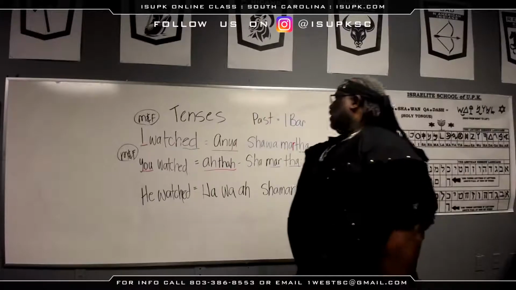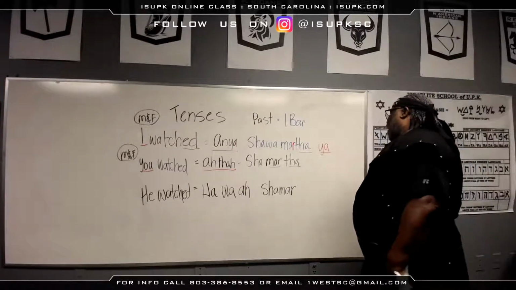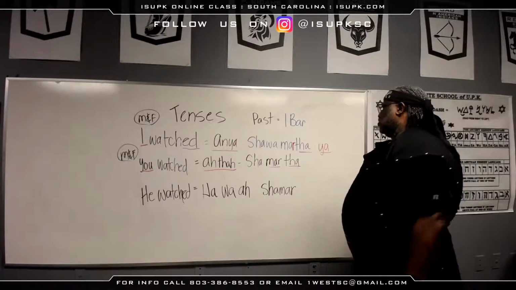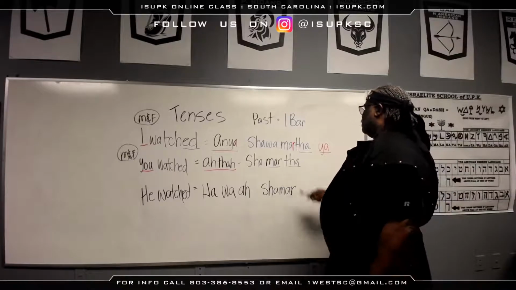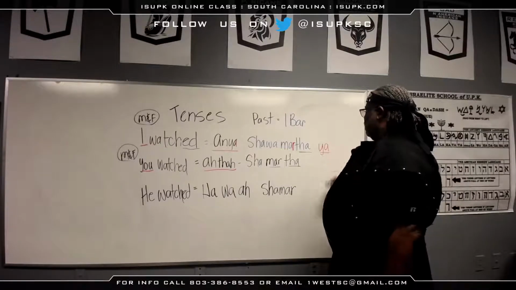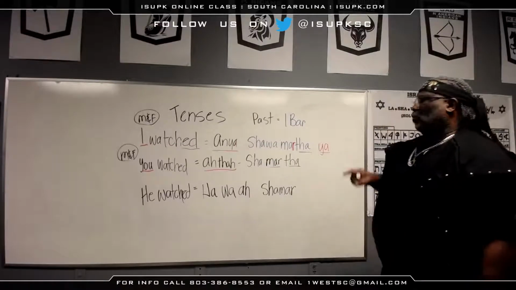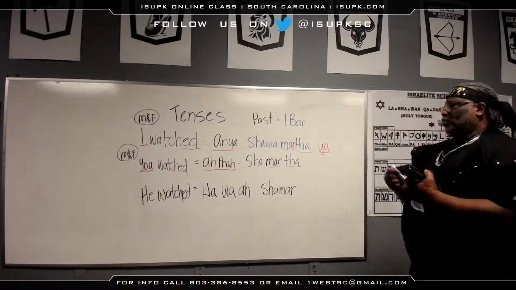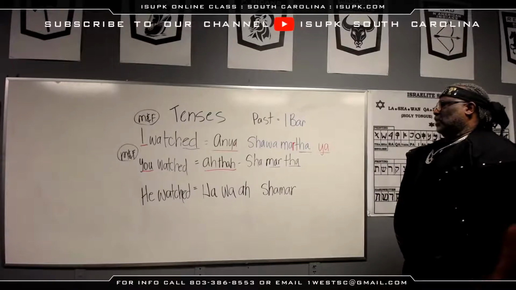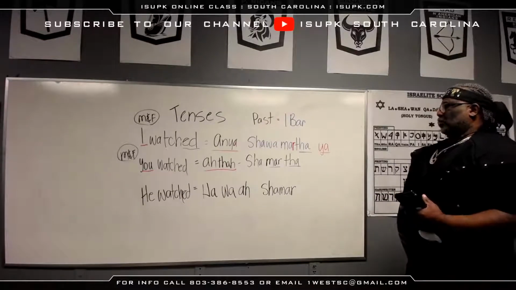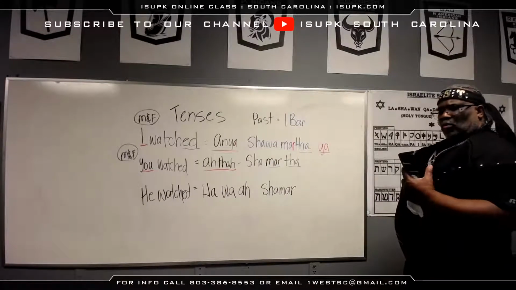I watched, Anya Shamartha. You want to use the same Shamartha over here. Same thing, but just add a ya. And over here is just plain Shamar. But it's he watched, because it's one person by himself. He watched. Past tense. So he watched already.